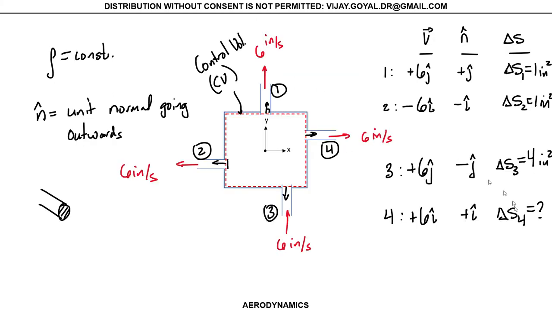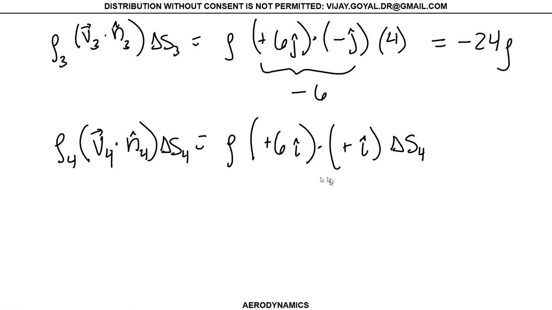This is what we are looking for. It's not known. So I come here, this dot product gives you 6, so this whole thing gives you 6 rho delta S4.